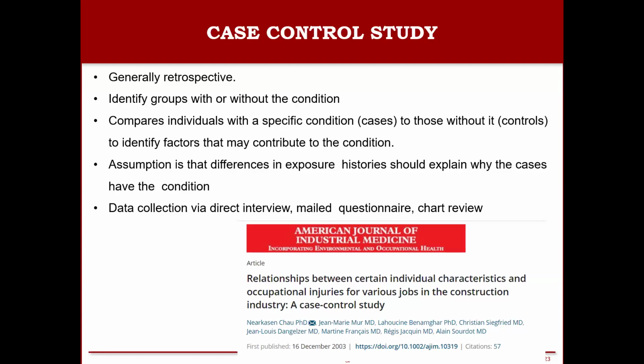They don't have that disease or that condition, but the similar characteristics are there. For example, age, gender, or any other relevant factors are there, but they don't have the particular condition or the disease. So that is the controlling group. They don't have the disease. So you can compare those case and the control group here.